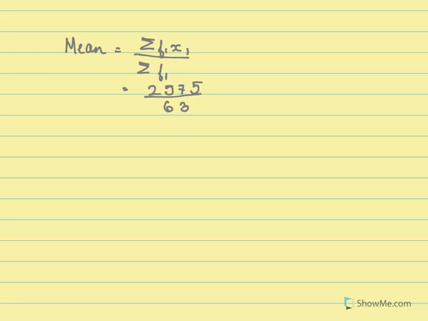Number of readings was 63, and now it works out as 40.873. So I can write this as 40.87, and since the next digit is more than 5, I can make this 40.9. It will be so many years. That is the mean.